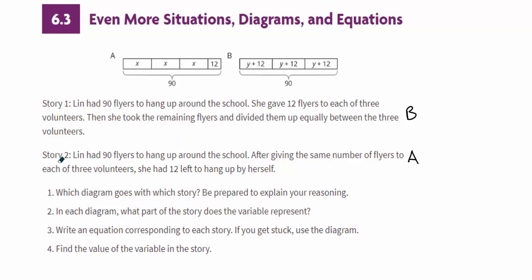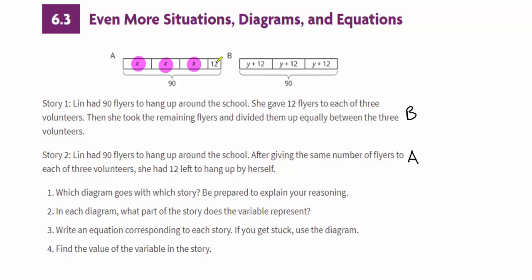Well, if we look at story 2, she gave the same number of flyers to each volunteer. So that's what the variable represents, right? How many flyers she gave to each volunteer. She gave this volunteer some, this volunteer some, and this volunteer some.